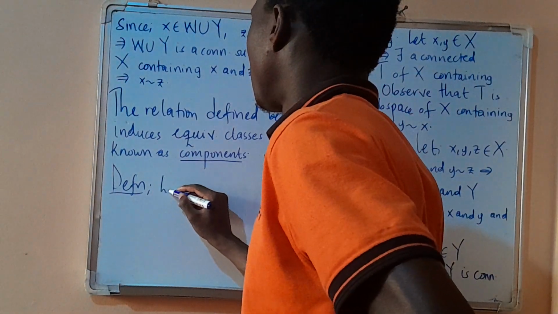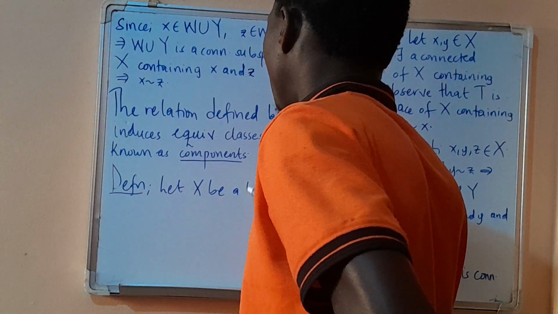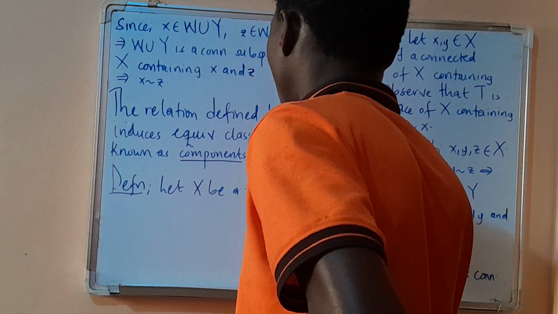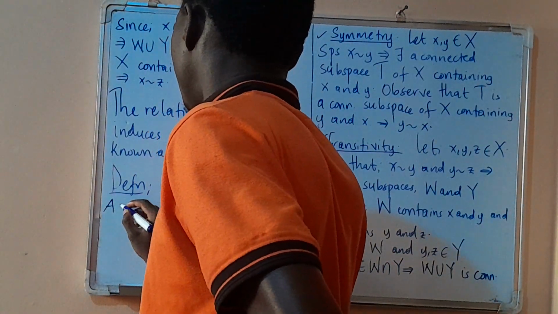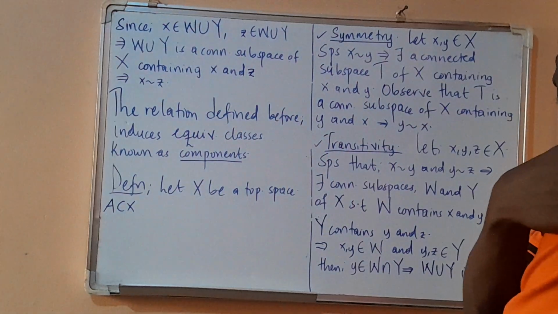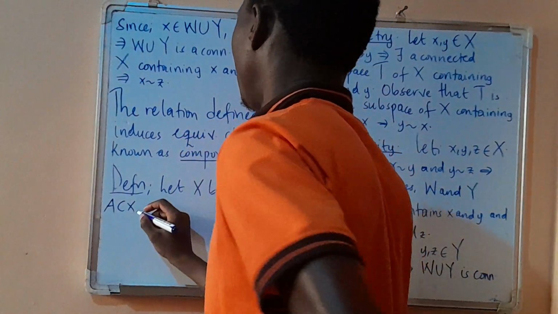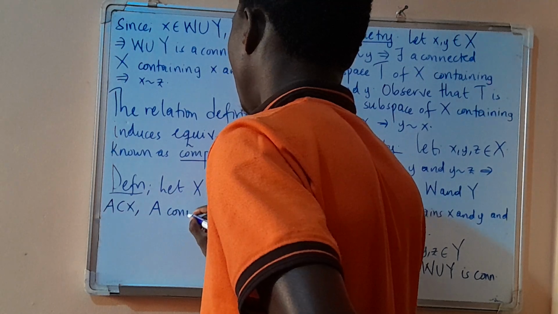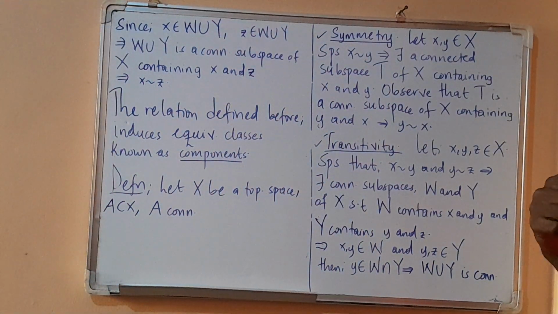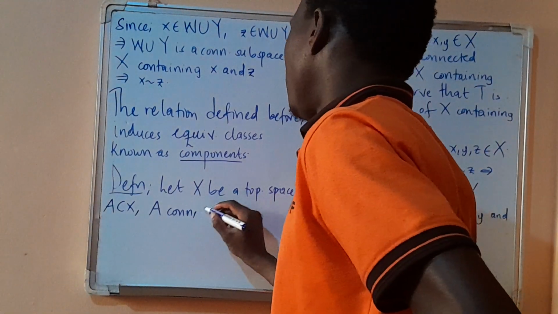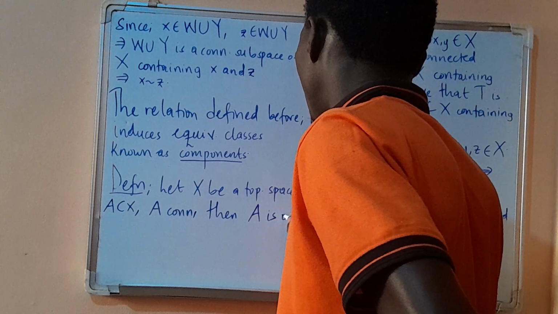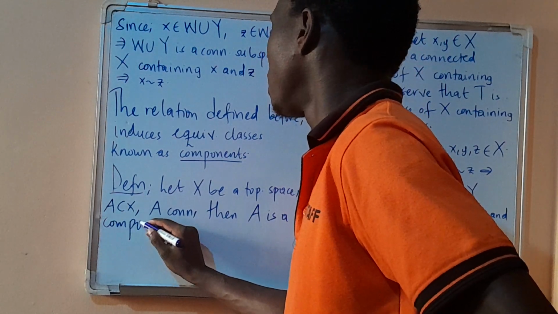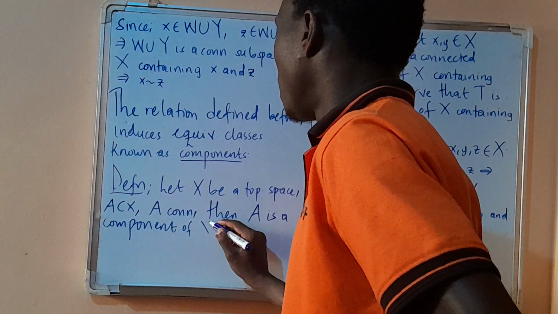Let X be a topological space, and let A be a connected subset of X. Then A is a component of X if there is no connected subspace of X containing A.